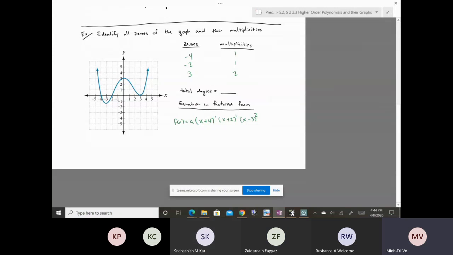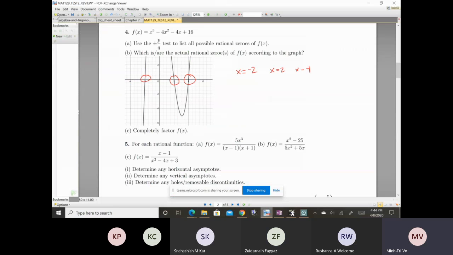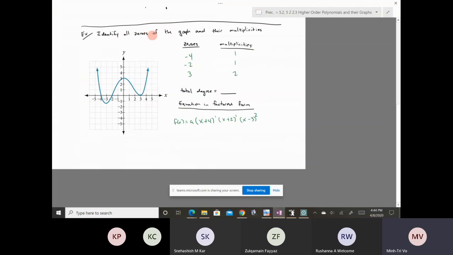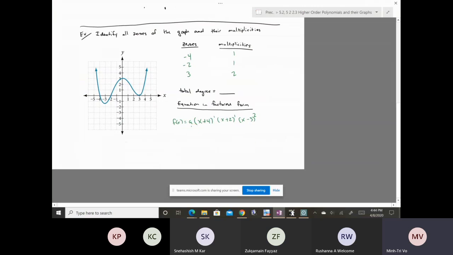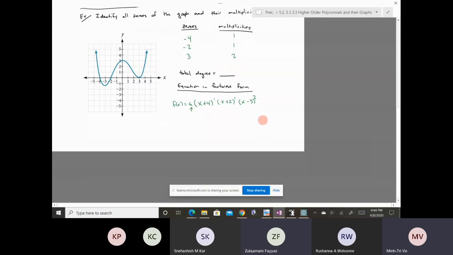This problem is the same, but also slightly different, because in this problem I give you the original polynomial in a different form. But in this example, I don't give you the polynomial at all. I only give you the graph, so that makes it more difficult to figure out what A is.